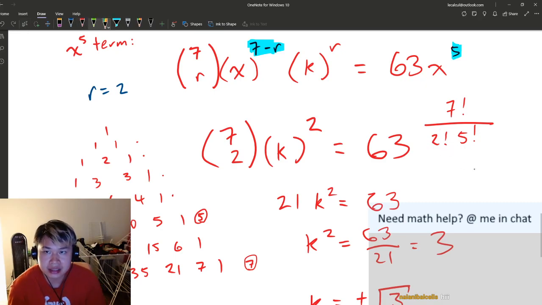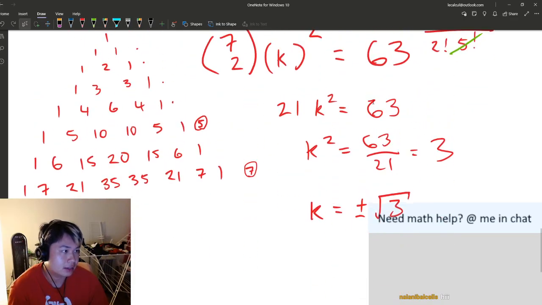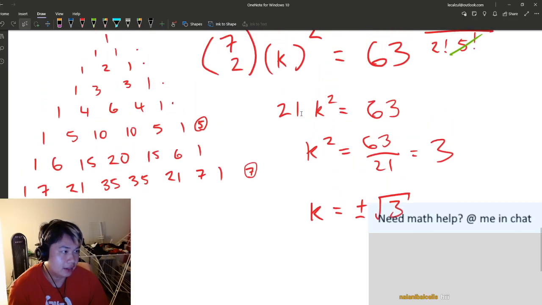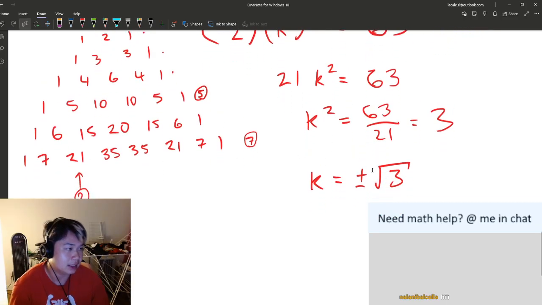So 5 factorial can cancel out with most of the factors in 7 factorial. The only ones that are left are 7 times 6, divided by 2 times 1. So 7 times 6 divided by 2 is 21. And then from there, you put it in, and then you do the same thing.